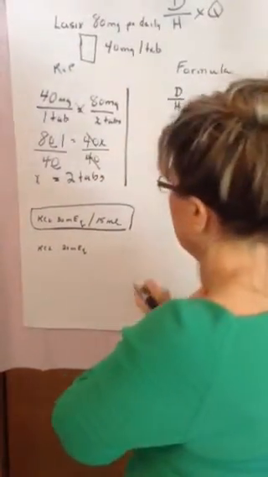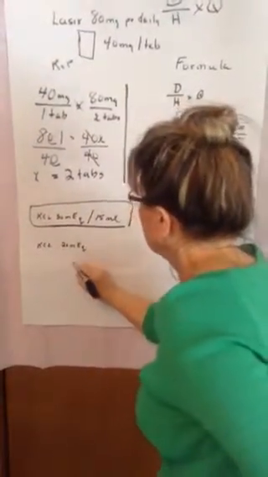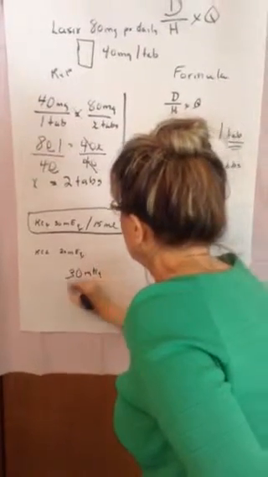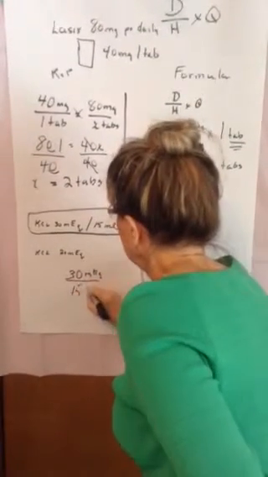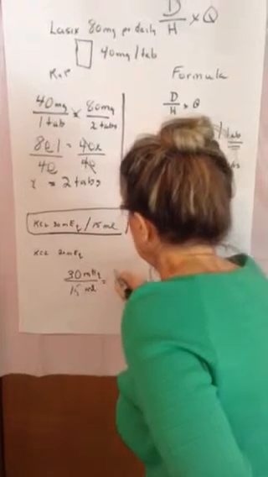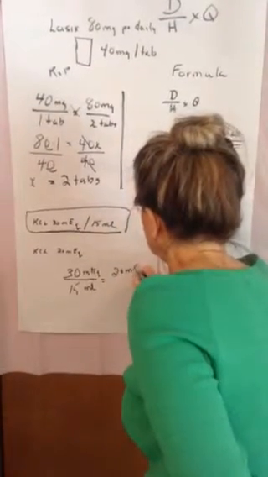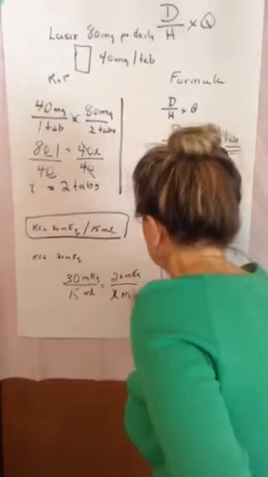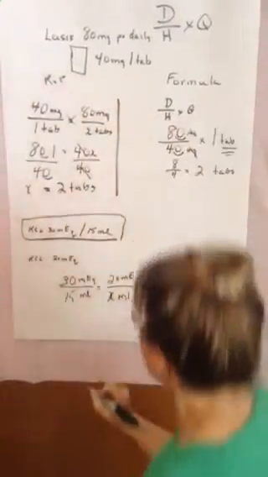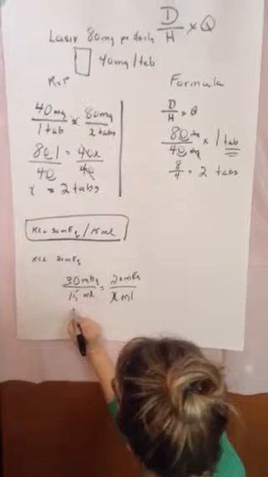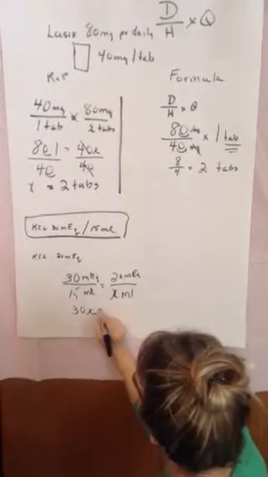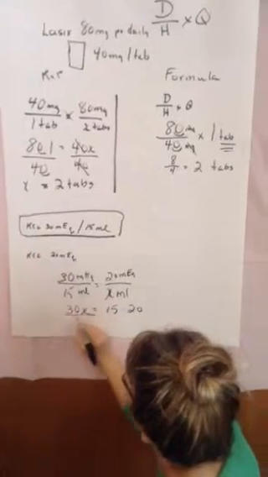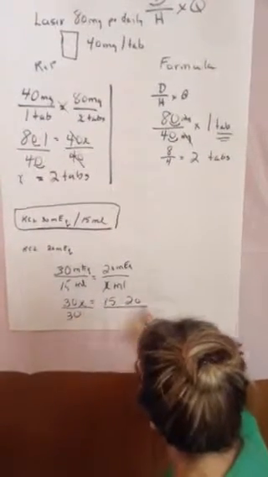So let's do ratio and proportion first. So we have 30 milliequivalents is to 15 mils, as 20 milliequivalents is to X mils. And so I'm going to come down here and cross multiply. 30X equals 15 times 20. Divide both sides by 30.